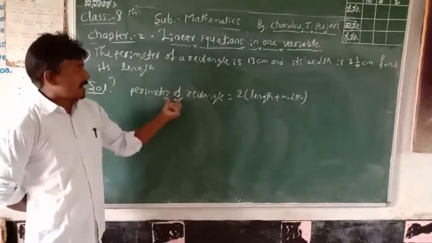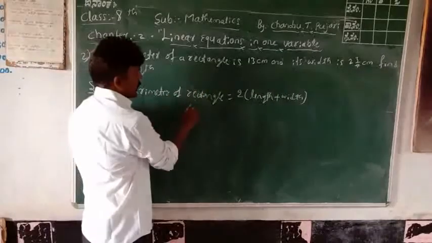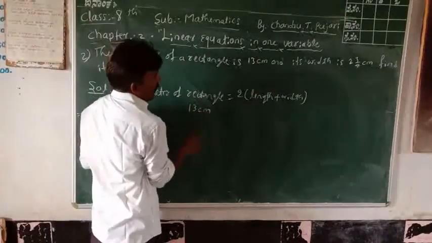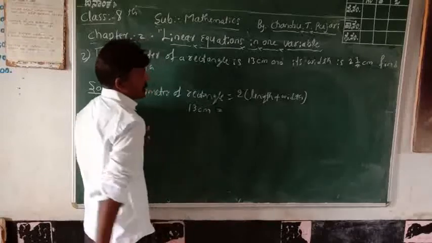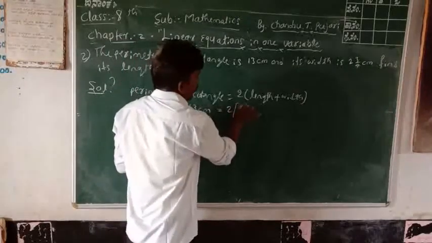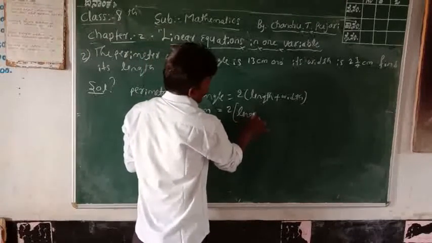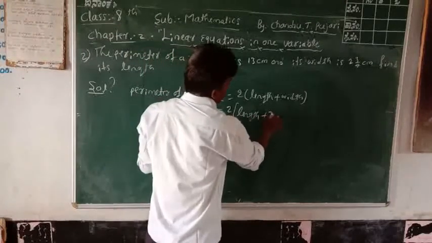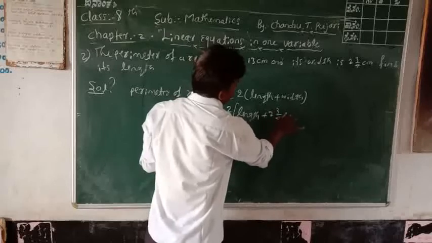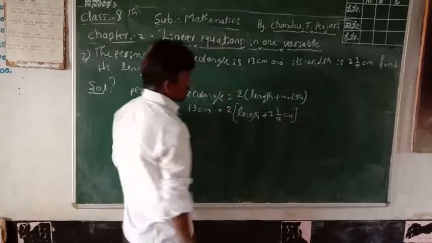The perimeter of the rectangle is given, that is 13 centimeters. So 13 is equal to 2 into bracket of length, which we don't know, plus width, which is given, 2 and 3 by 4 centimeters. Next, simplification.